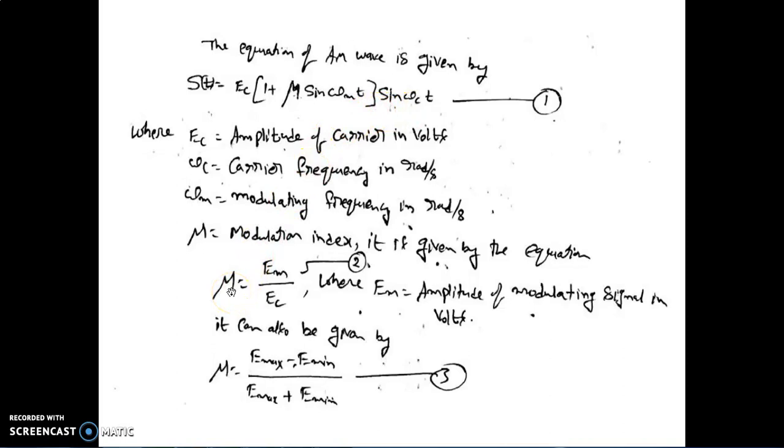And modulation index is given by two equations, equation number 2 and 3, where Em is the amplitude of modulating signal in volts, E maximum is the maximum amplitude of amplitude modulated wave, E minimum is the minimum amplitude of amplitude modulated wave.